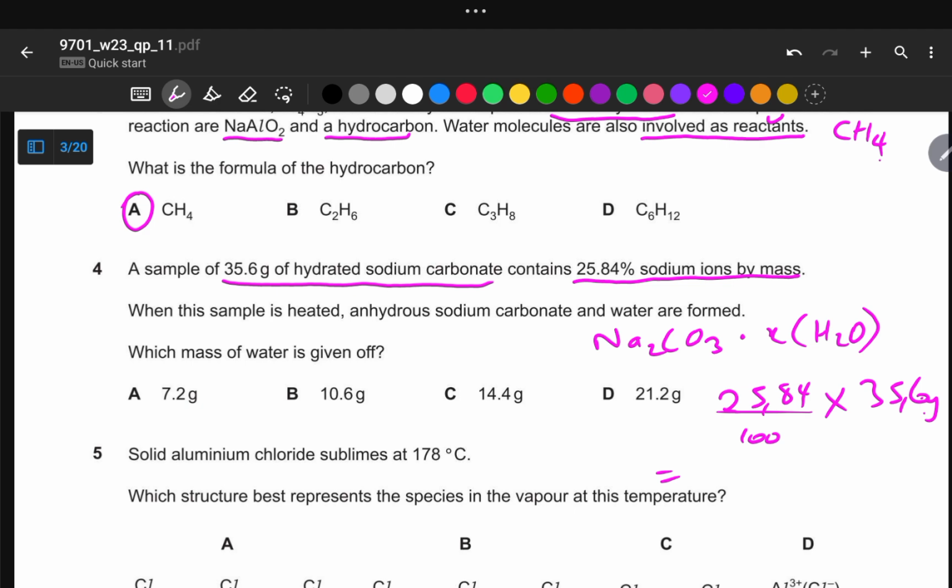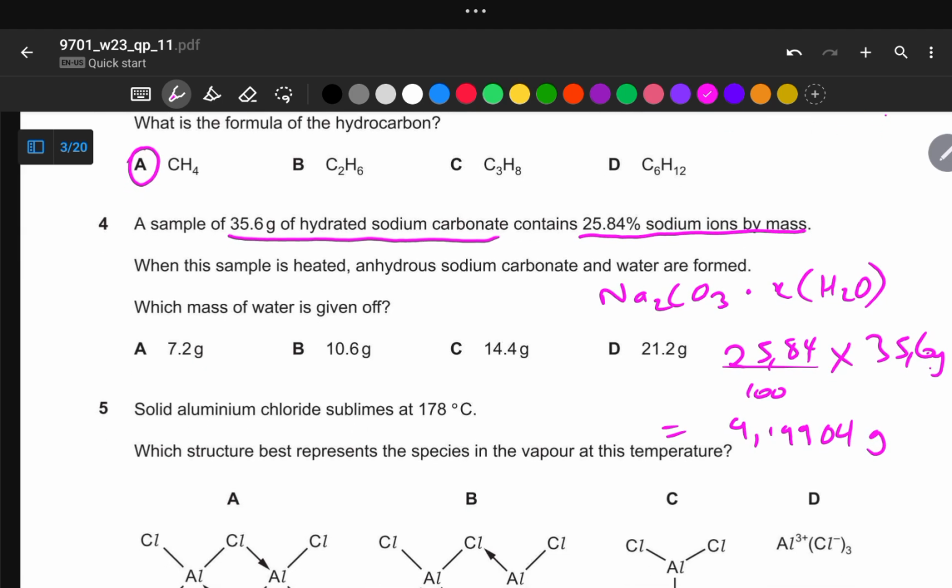Going straight to our calculator, it's going to be 25.84 over 100 multiplied by 35.6. We're going to get 9.19904 grams of the sodium ions. And then we're going to calculate the number of moles using this mass.